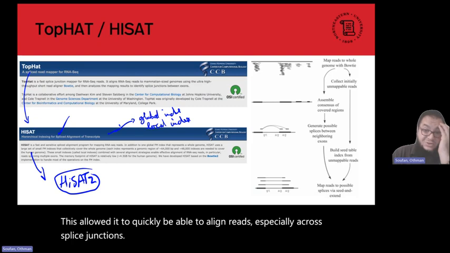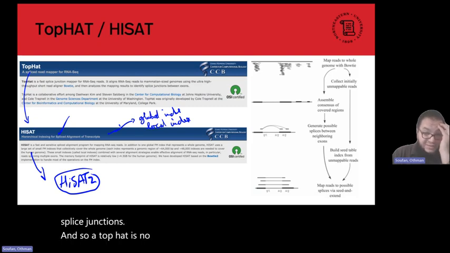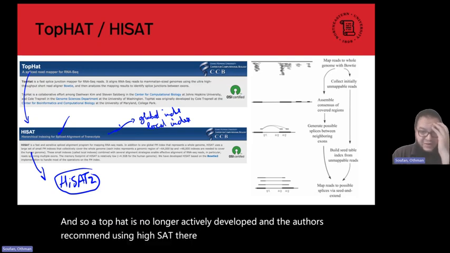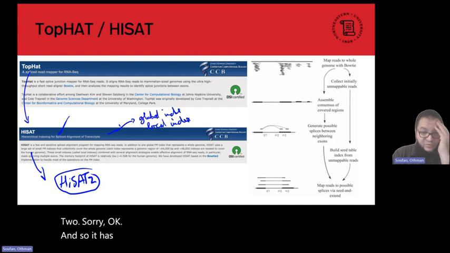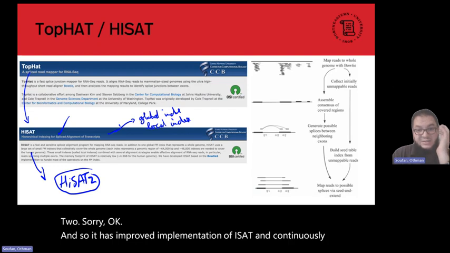And so TopHat is no longer actively developed. The authors recommend using HISAT, the second version, HISAT2, sorry, okay. It has an improved implementation of HISAT and it's continuously being updated.